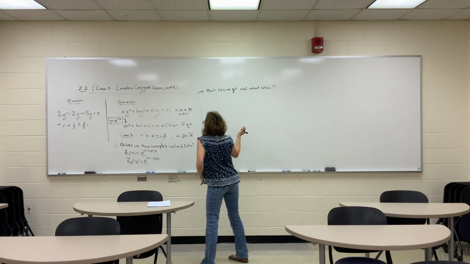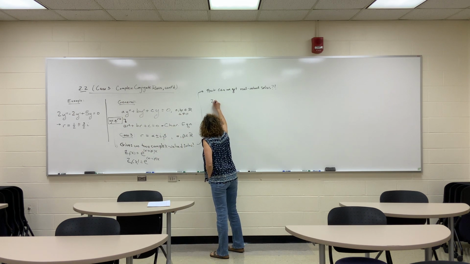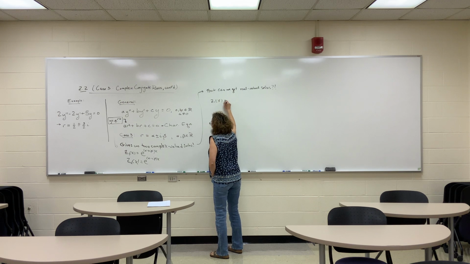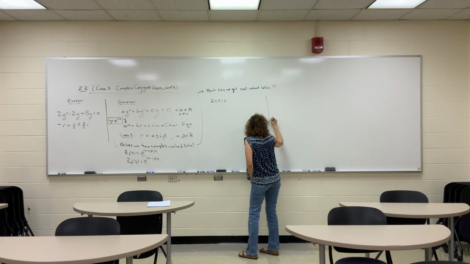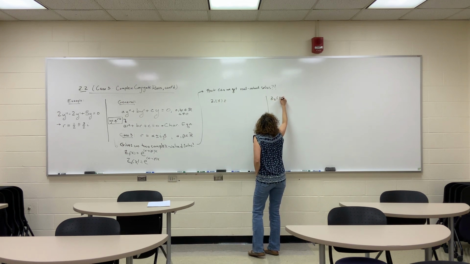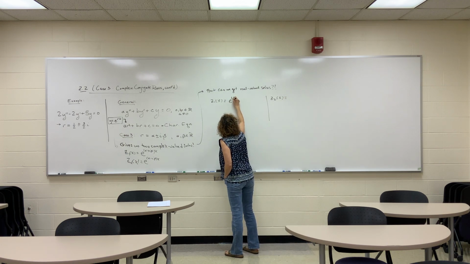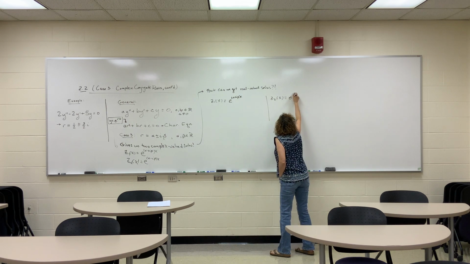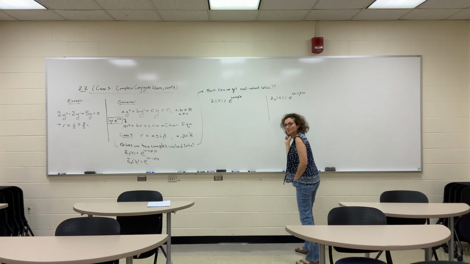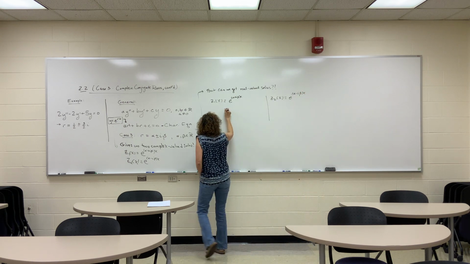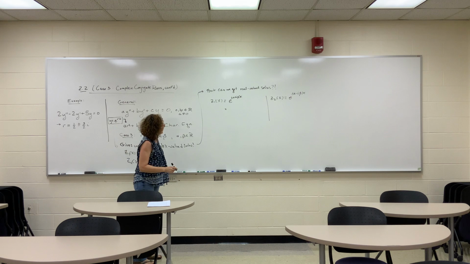Well, let's think about these two, z1 of x and z2 of x. In general, e to the (alpha plus i beta) x, e to the (alpha minus i beta) x. Okay, well, let's just work with this one for a sec.